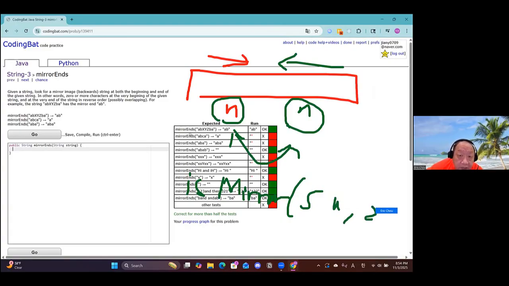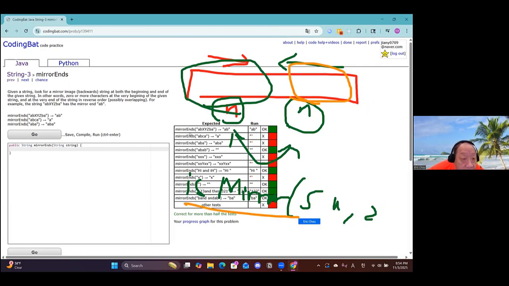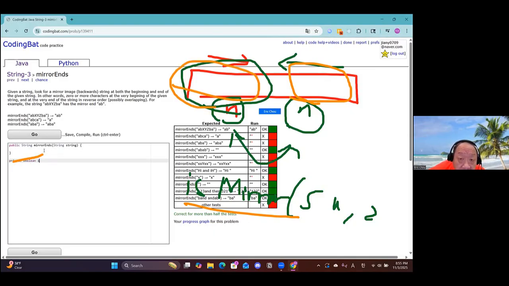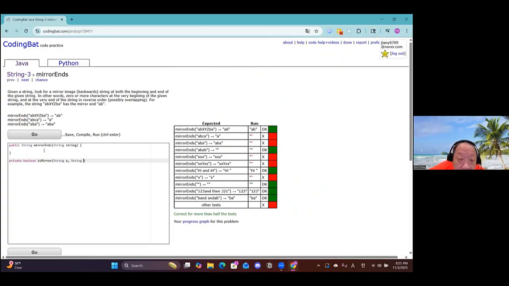When you take the first N letters and the last N letters to compare for mirror, you can have a helper function that just does comparisons of string A and string B, giving them the substrings to compare. So you keep A and B, but A is the mirror of B. Is that okay?